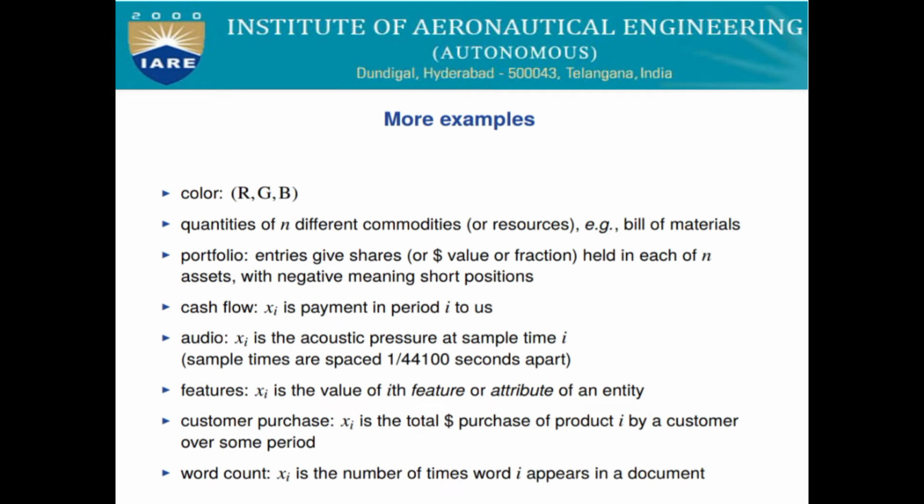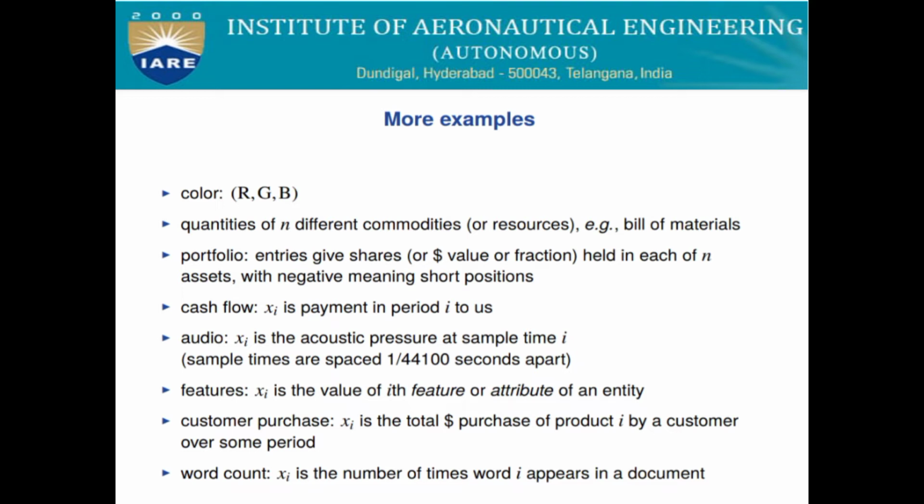More examples. Color: RGB. Quantities of n different commodities or resources, for example a bill of materials. Portfolio: entries give shares or values held in each of n assets, with negative meaning a short position. Cash flow: x_i is payment in period i to us.